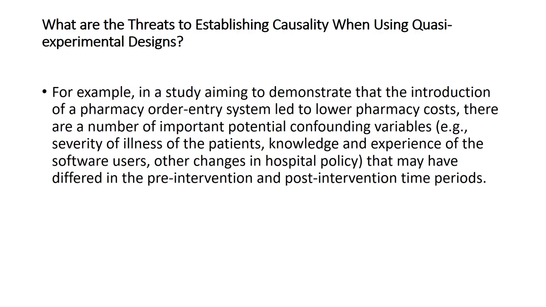For example, severity of illness of the patient. Maybe severely ill patients require more treatment and also more cost. Knowledge and experience of the software users. Other changes in hospital policy. All of these confounding variables may have differed in the pre-intervention and post-intervention time periods, which leads to different conclusions.